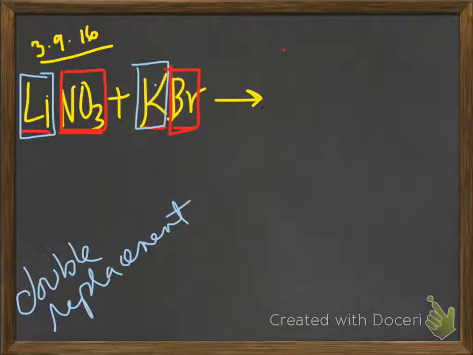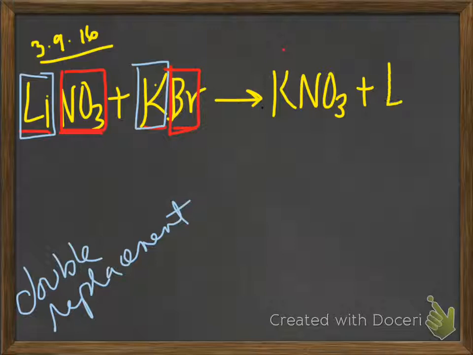So we get out of this potassium nitrate and lithium bromide. This one's really easy because everything here has a +1 or a -1 charge, so they're all balanced. There's the equation, there are the products, it's already balanced.